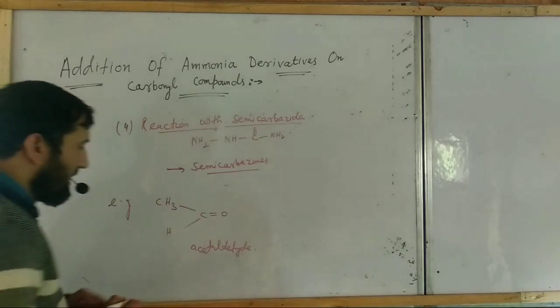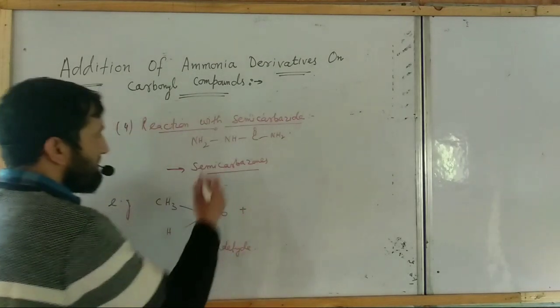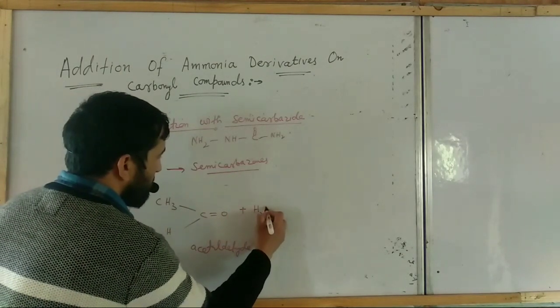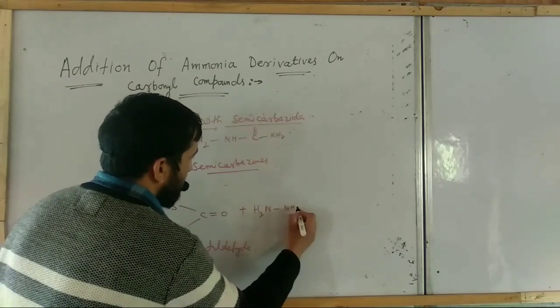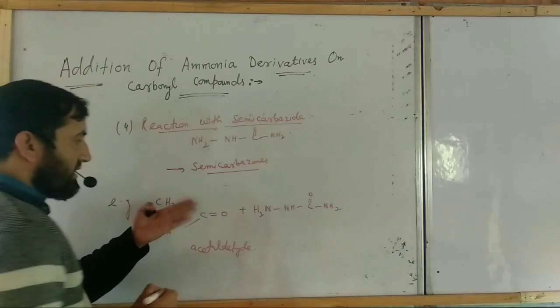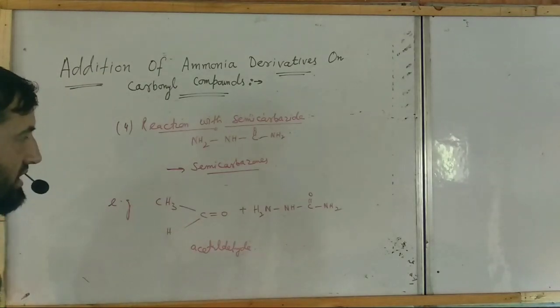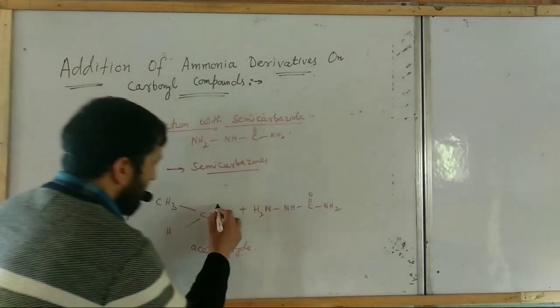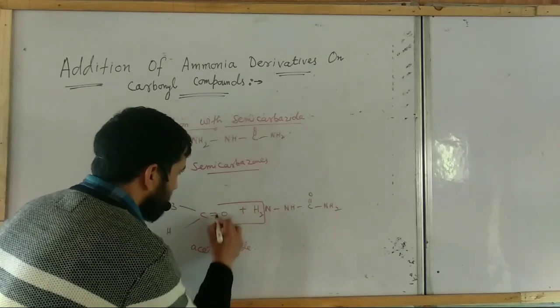So this acetaldehyde reacts with semicarbazide like this, NH2, NH, C double bond O, NH2. So when this acetaldehyde reacts with semicarbazide, there also occurs elimination of water molecule just like this.